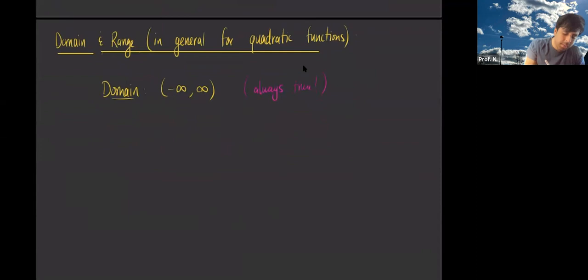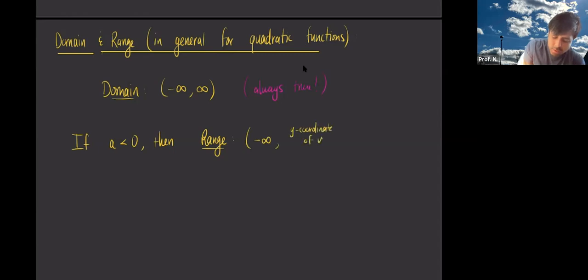So if the a value is negative, then the range... Now, why do we care about whether the a value is negative? Well, if the a value is negative, that means I have a maximum. And if it has a maximum, then my range will be negative infinity to the y coordinate of the vertex, and I'm going to include it.